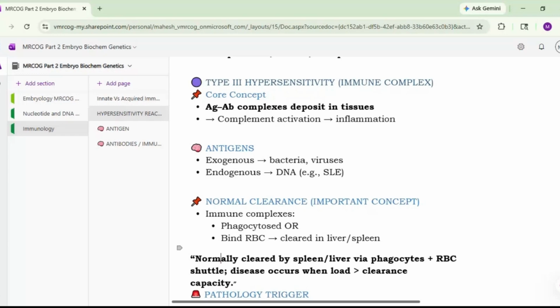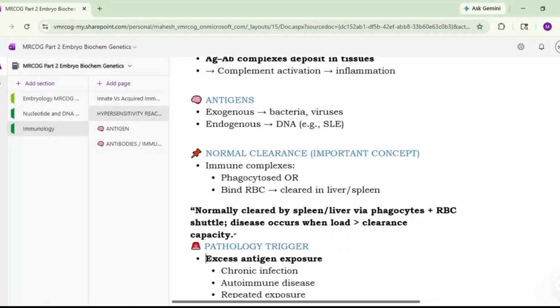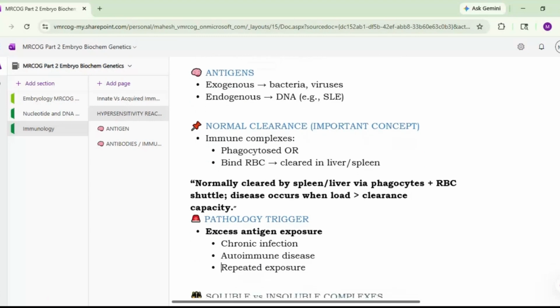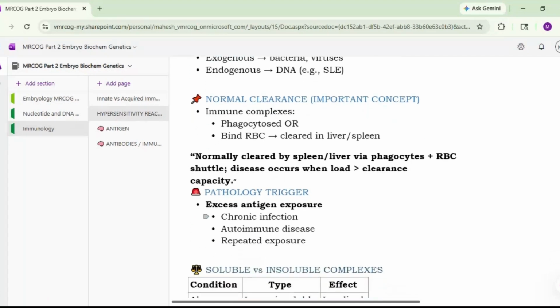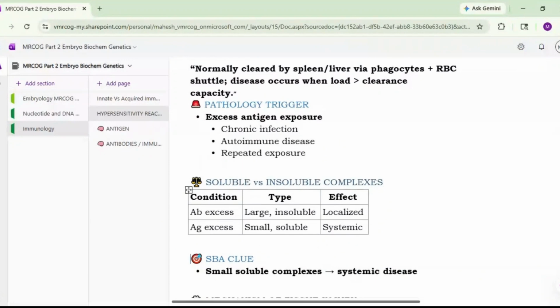The disease occurs when the load increases beyond the clearance capacity. So normally the body has a clearance capacity for immune complexes, but in type 3 hypersensitivity, their load is increased. Okay, so what are the pathological triggers? Either there is an excess antigen trigger, such as is seen in chronic infection, autoimmune disease, or repeated exposure. Or there may be antibody excess. These antibodies are large and insoluble, and what effect do you get?